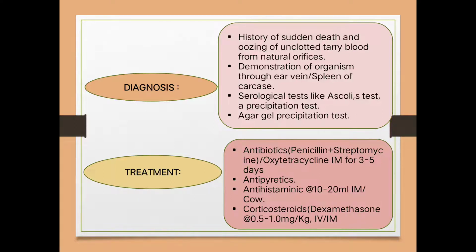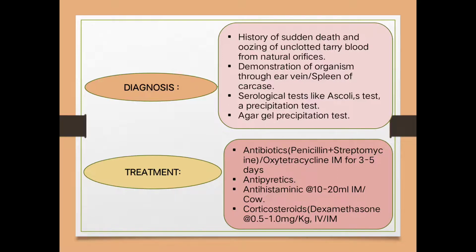After adding the antisera, there will be a formation of a white ring at the junction of the antisera and supernatant. If the white ring is noticed, the animal from which we collected the sample will be tested as positive for anthrax disease.